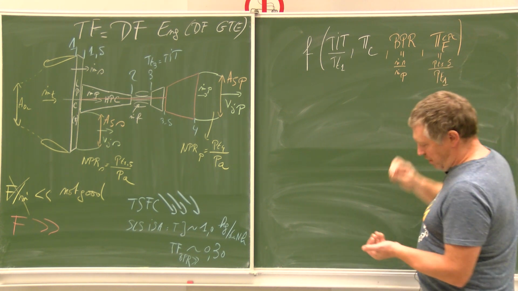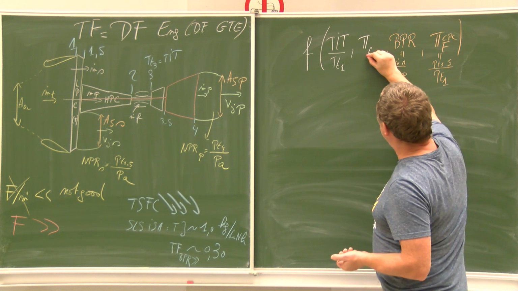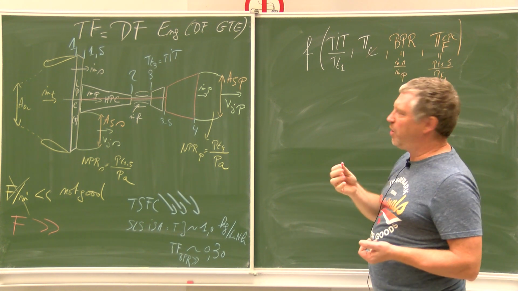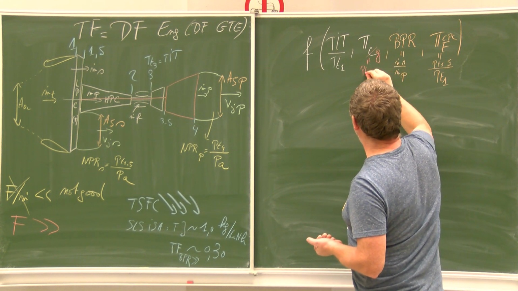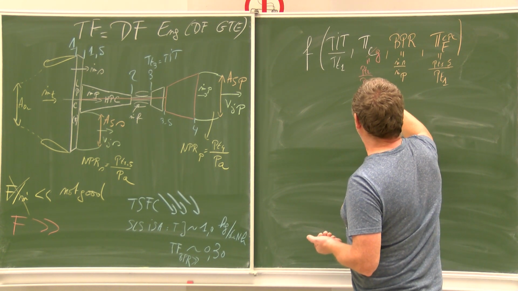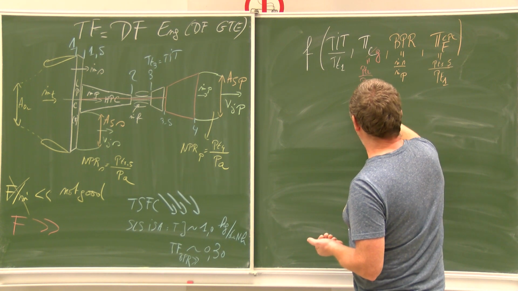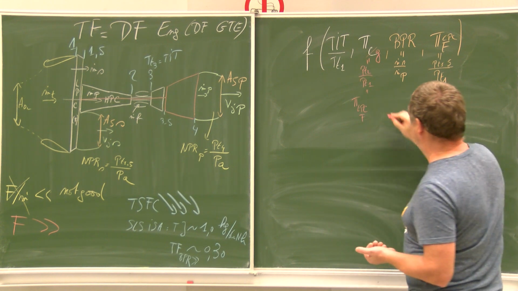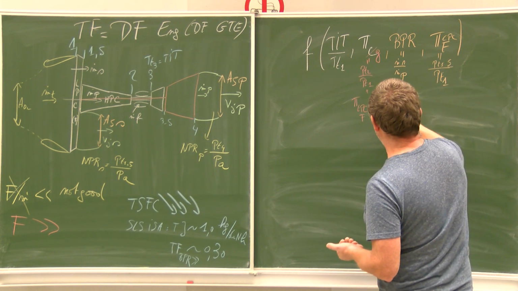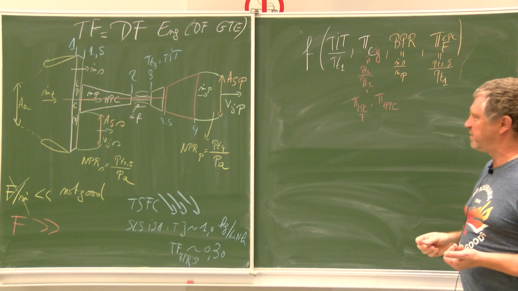Okay? And we have also called the pressure ratio P global, which is equal to PT2 divided by PT1, which is equal to the pressure ratio of the low pressure compressor or fan multiplied by the pressure ratio of the high pressure compressor.